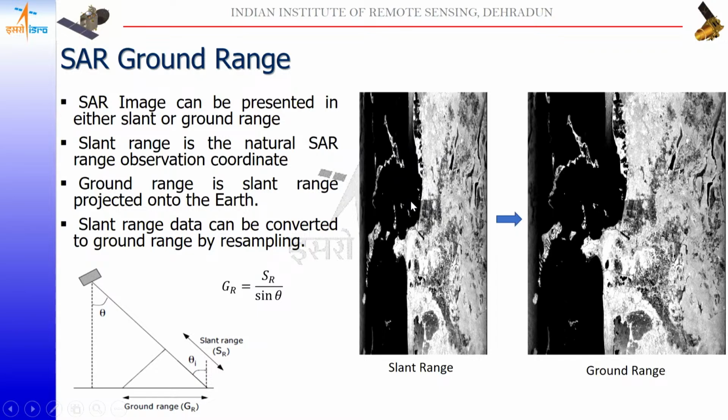But if you are working with a detected image, where only intensity or amplitude information is required, then you can go directly to the ground range product. Sentinel-1, for example, gives the ground range product directly, and for interferometric applications it gives the SLC product. As per your requirement, you can use either product.